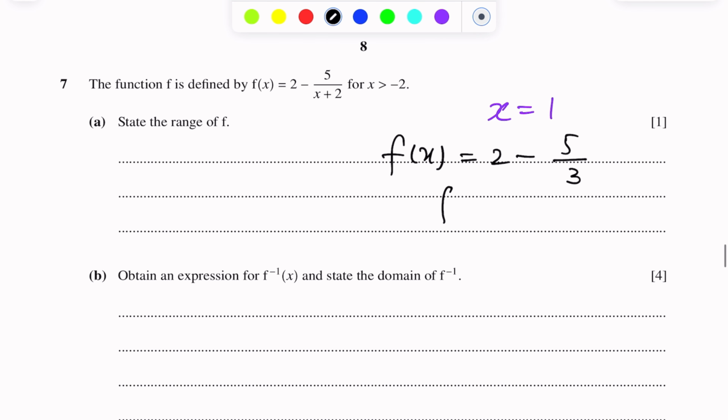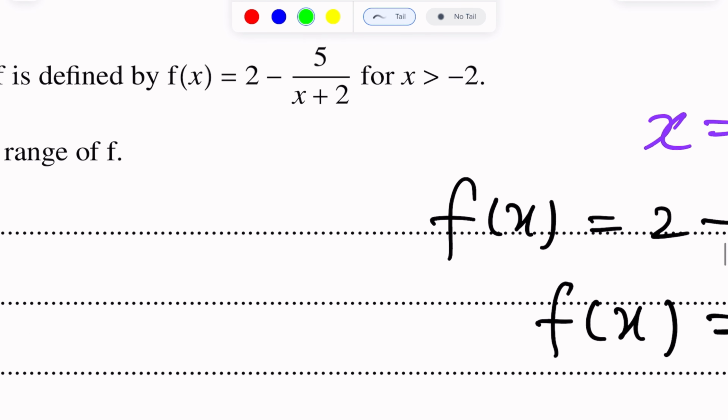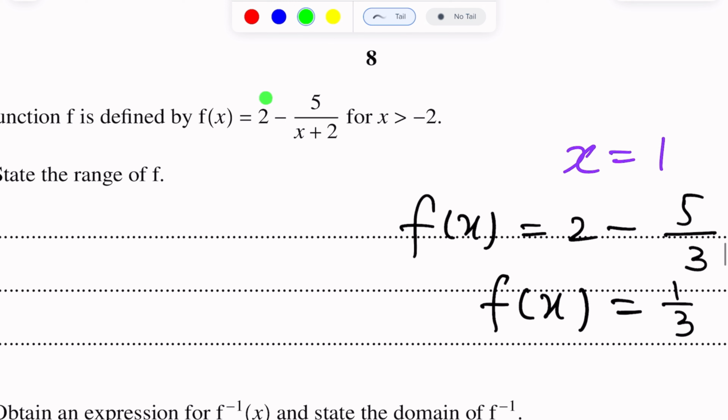After simplifying, we get (6 - 5)/3, that is 1/3. So clearly this 1/3 is less than 2.